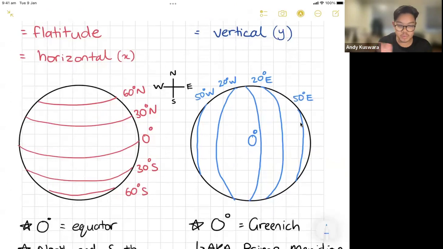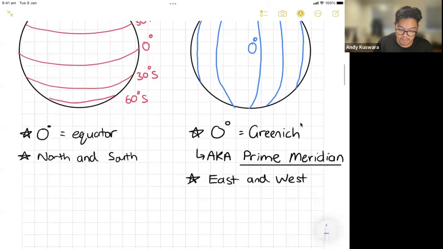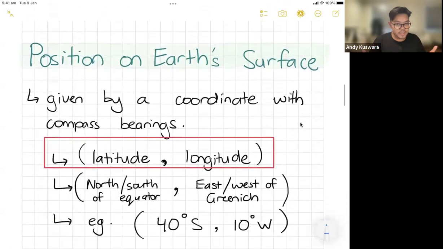Knowing how these two work together is imperative for the next part, which is understanding position. Every country, every place has a coordinate. Your house has a coordinate. Your country has a coordinate. Everything's got a coordinate.